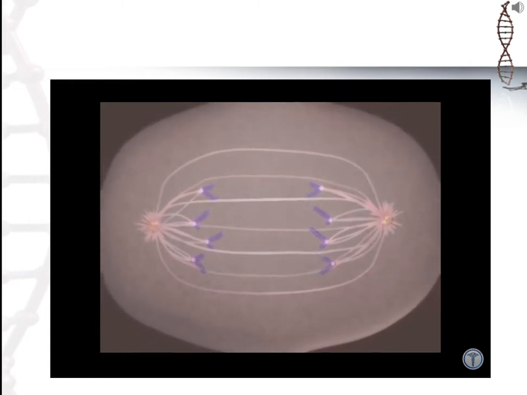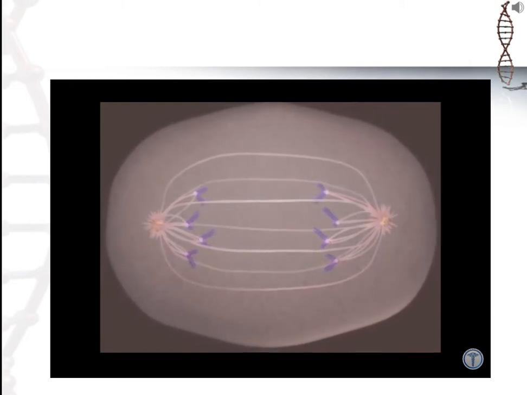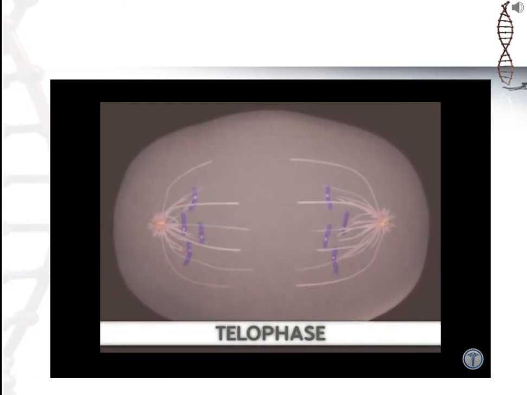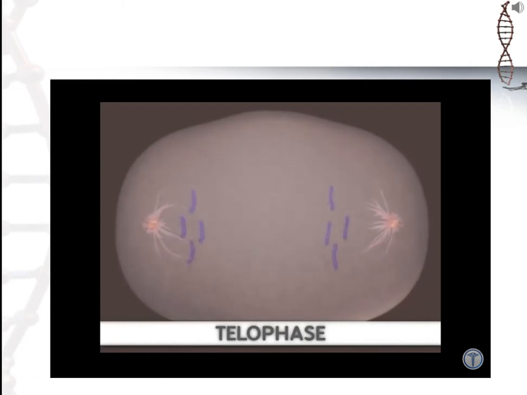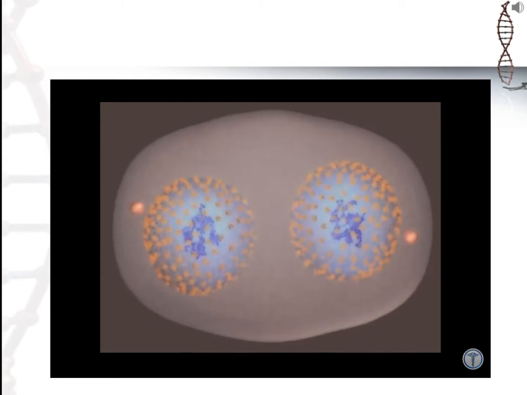It is here the components of the new cells begin to appear. At this point, the spindle fibers are broken up. A new nuclear membrane surrounds the chromosomes at the end of each cell, and the chromosomes uncoil and return to an uncondensed state. Mitosis is now complete. The formation of 2 cells is all that remains.